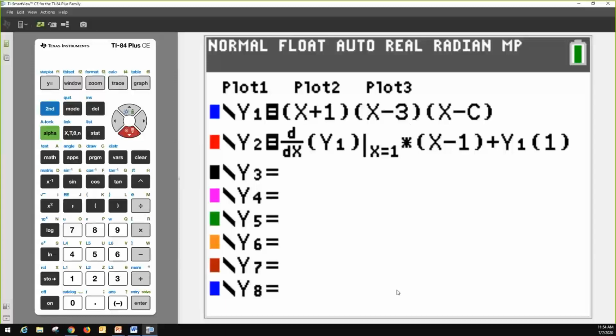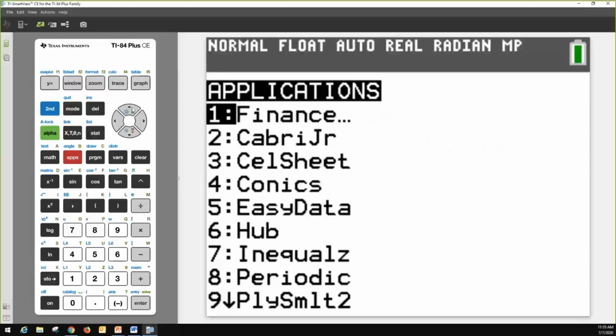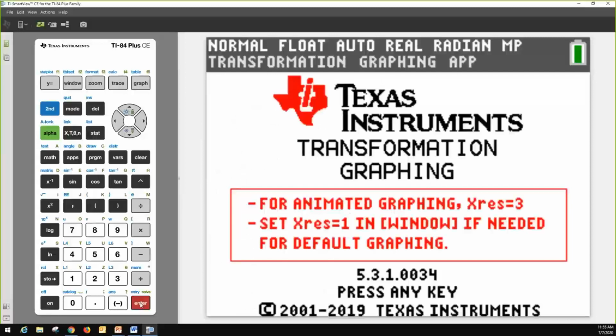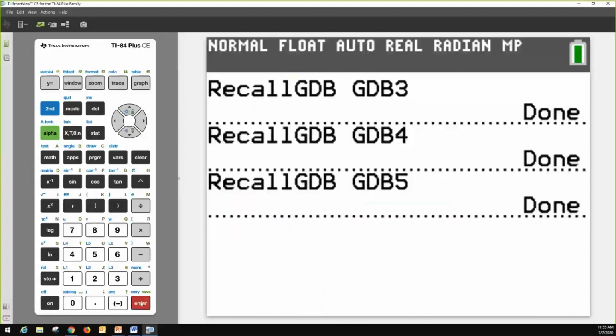So how does the TI-84 calculator handle this C? Well, it would use whatever value I've got stored in C and do that graph. I want it to be a bit more dynamic. Now, this is not necessarily what you do in an exam, but kind of cool that we can do this. It only takes a moment. So I've turned on what we call transformation graphing.